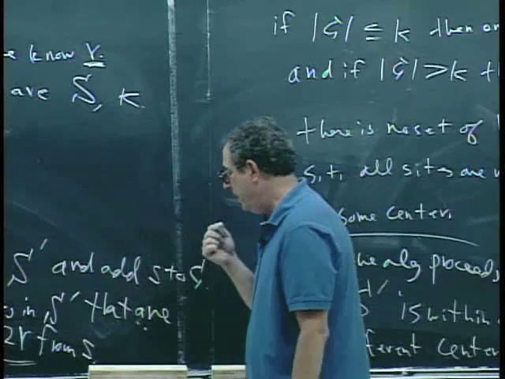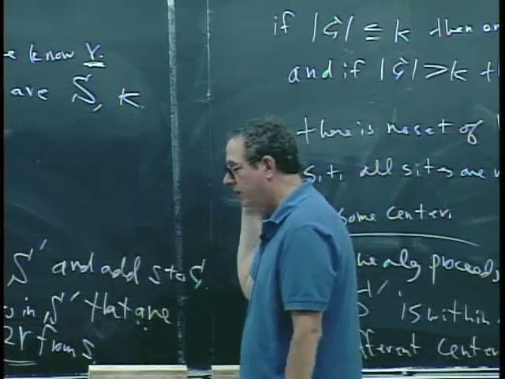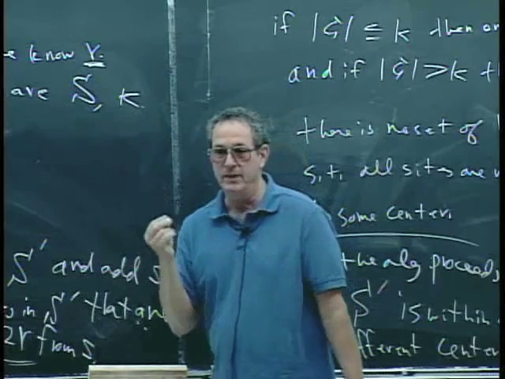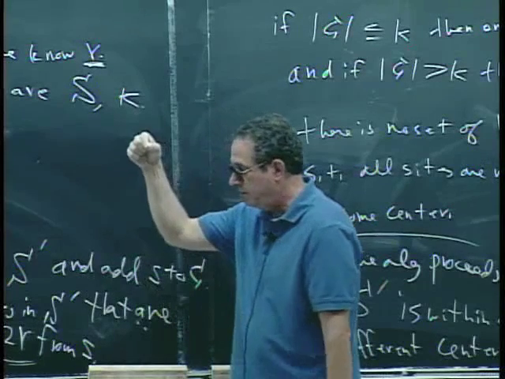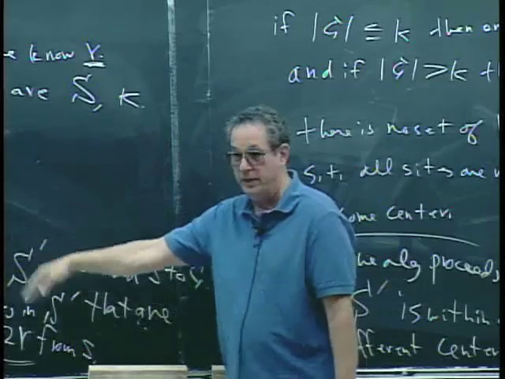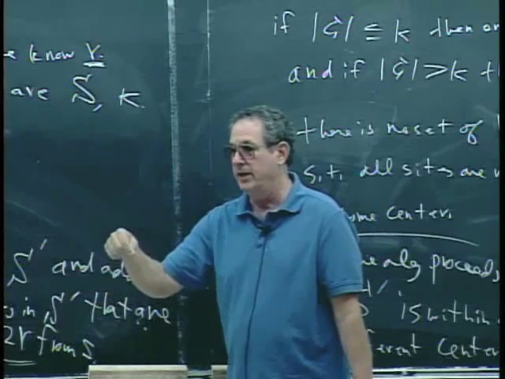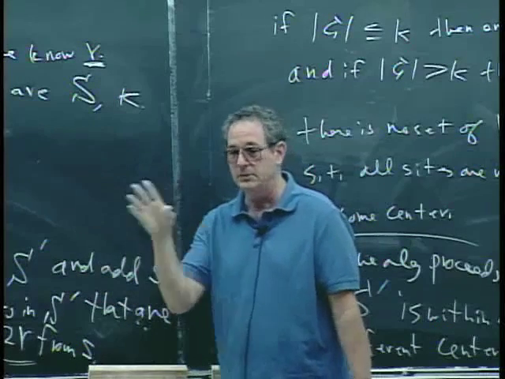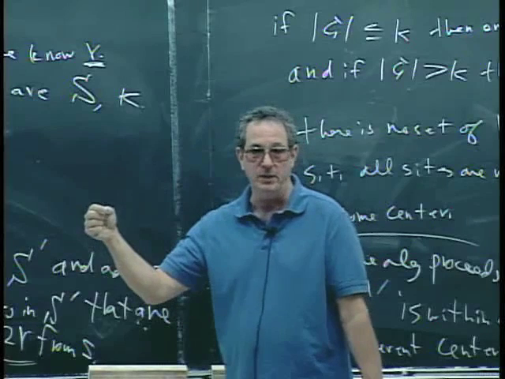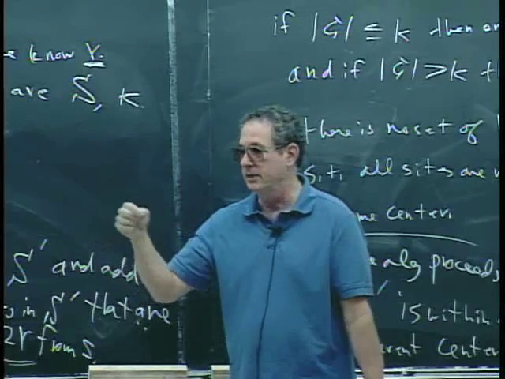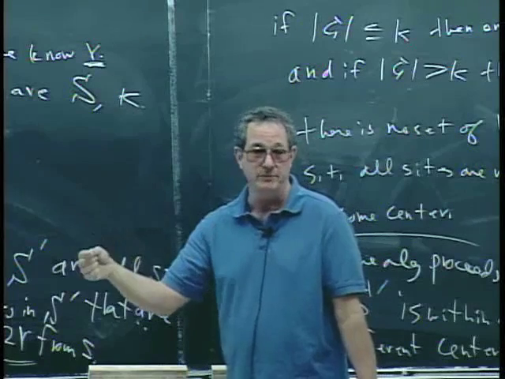Well, if you think about the proof that I just rushed through, the key thing in that proof is that when you pick a site by the algorithm and delete some sites around it, the next site you pick is at least 2R away from it.